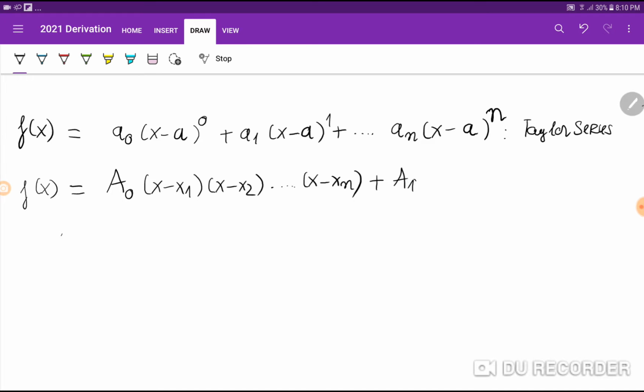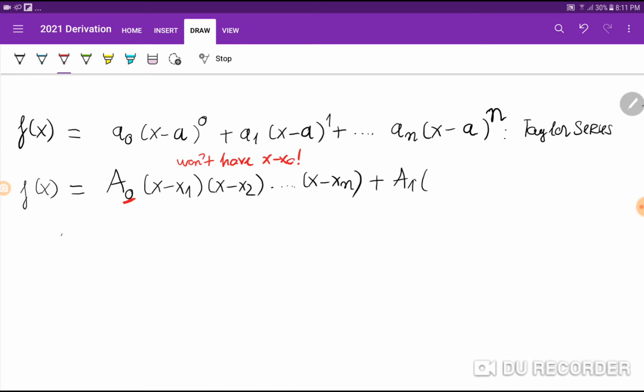So notice this: if you have A1 here, you won't have (x minus x1) in the whole multiplication, similar to the left side here, where with A0 you won't have (x minus x0).